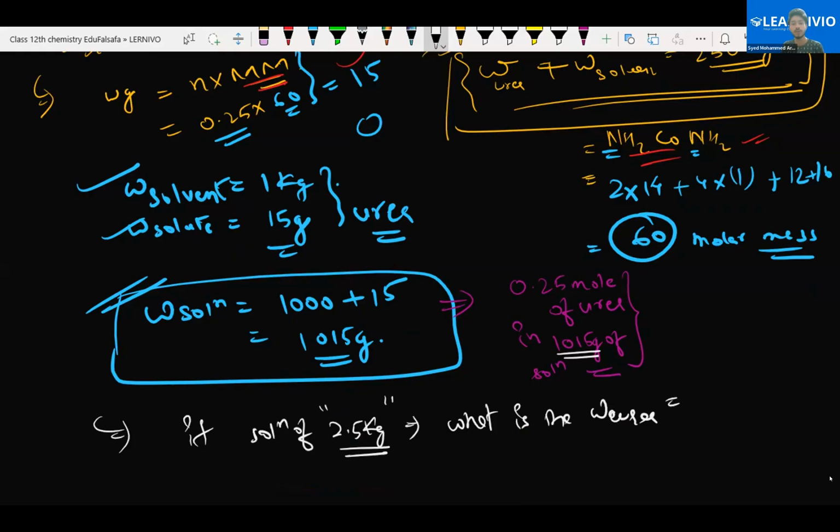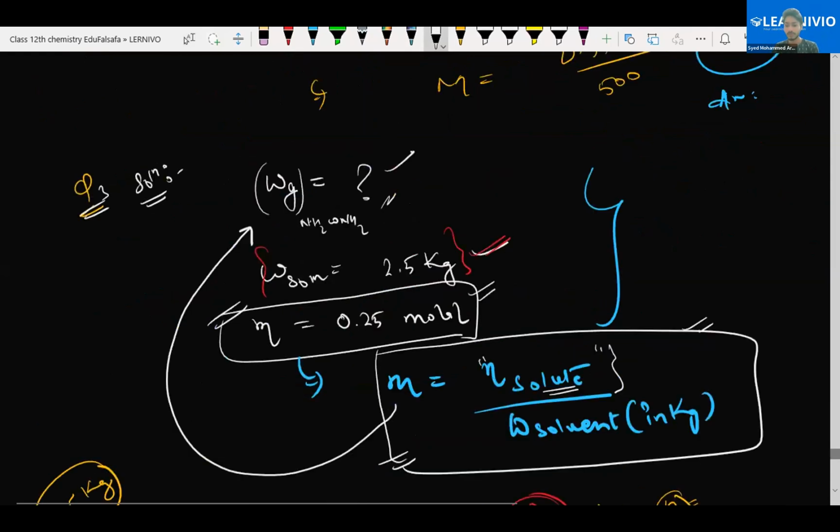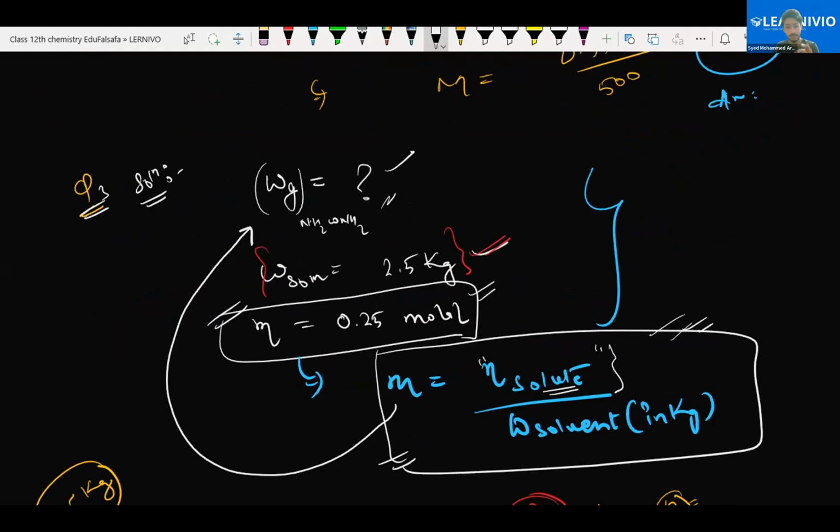We are not using any formula of molarity and other stuff. I just wrote it above. Why am I explaining this formula if I'm not using it? Because you need to know how you approach any question, any type of question of a concentration term, or any question of physical chemistry.